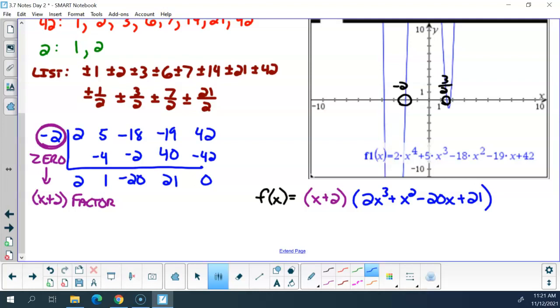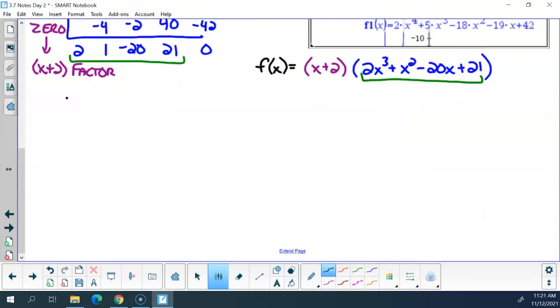We have 3/2. So we can take this new factor and run 3/2 on it: 2, 1, -20, and 21.